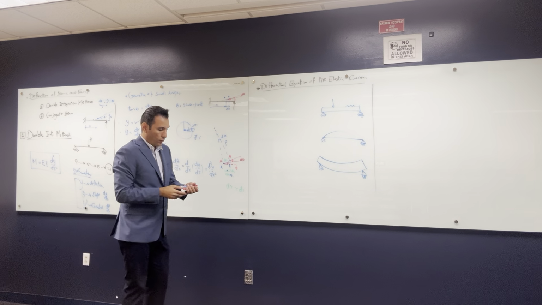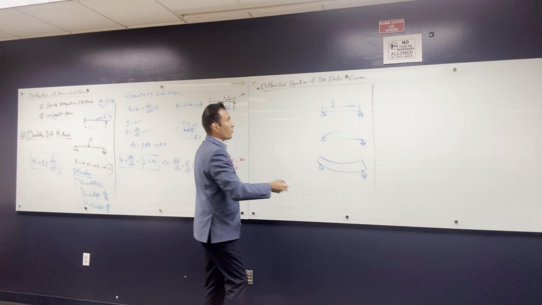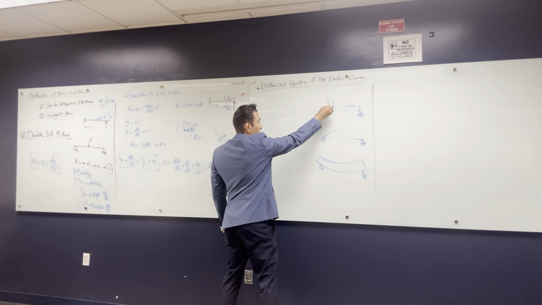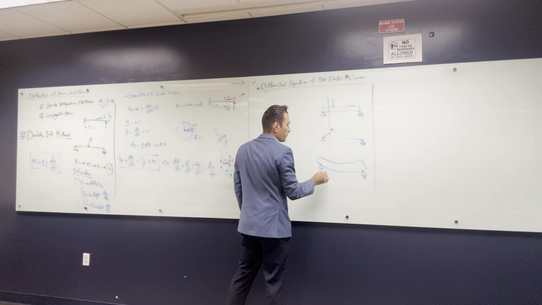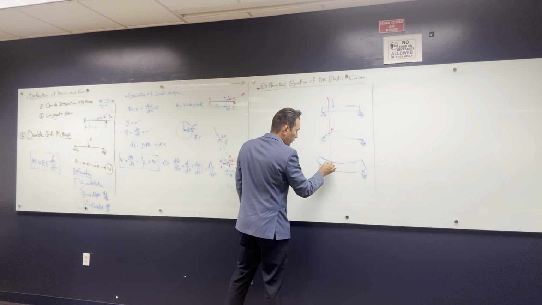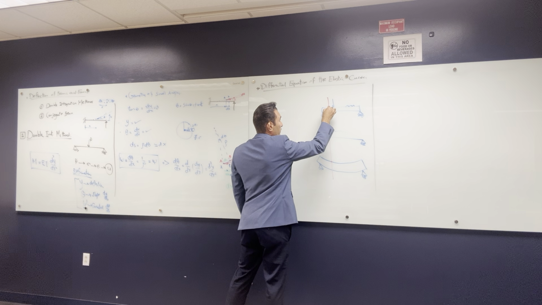All right? So let's take a section in this beam and see what's going on in this cross section. Let's cut something here. So this is the moment at this section, and this is the point that I'm looking at. The undeformed shape of this section is like this.